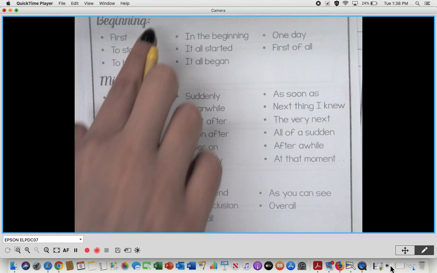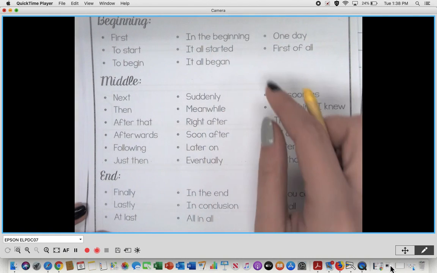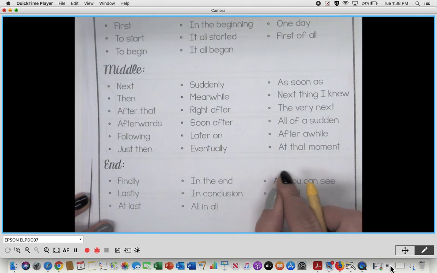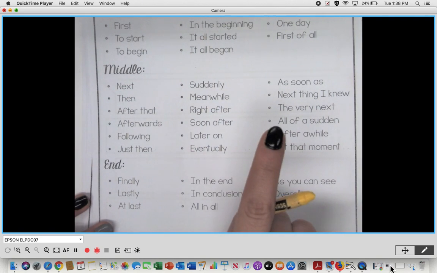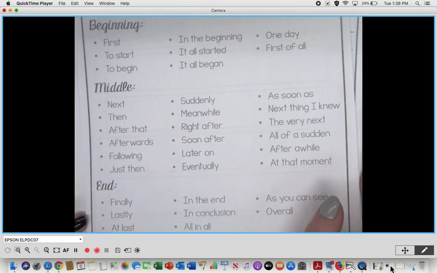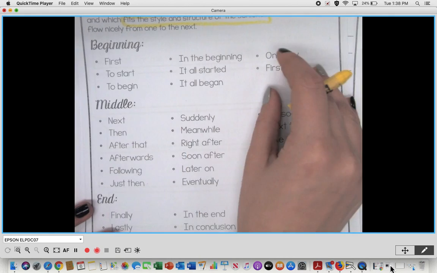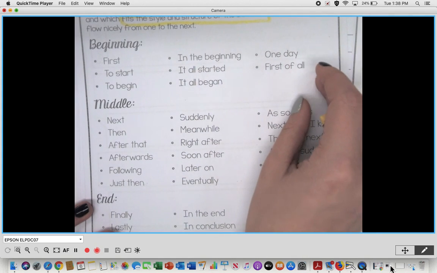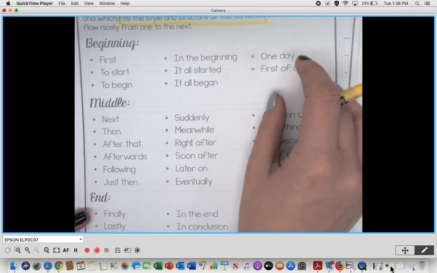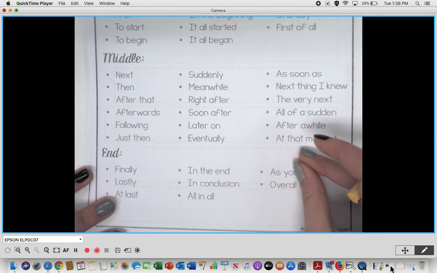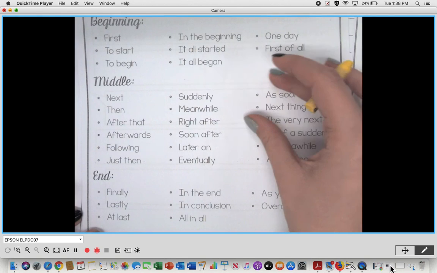If I am talking about the beginning of my story, it would not make sense for me to say, in the end, da da da da da, right? That would not make sense. That wouldn't fit with the structure of the sentence. And so I would want to pick a transition word that would fit really well with my story. And so these are only some transition words. There's many more, but this is kind of to give you an idea.